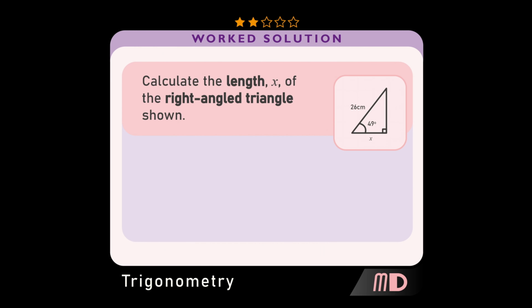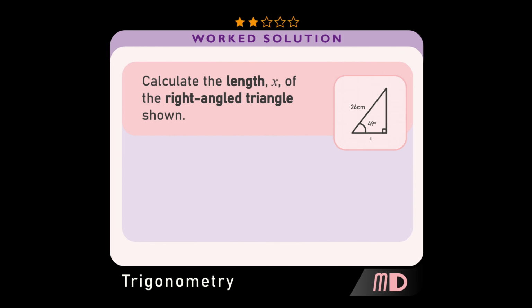Alternatively, when the length of one side and the measure of an acute angle are known, or the lengths of two sides are known and the measure of an angle is required, trigonometry is used. In this question, we've been asked to find the side labeled x, and we've been given an angle and a side, so we need to use trigonometry.